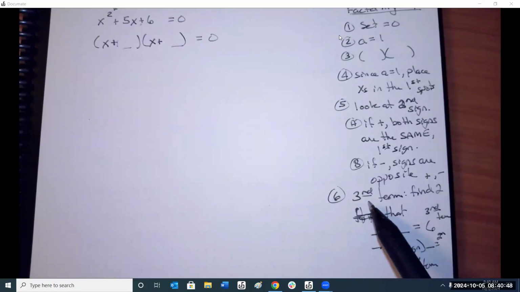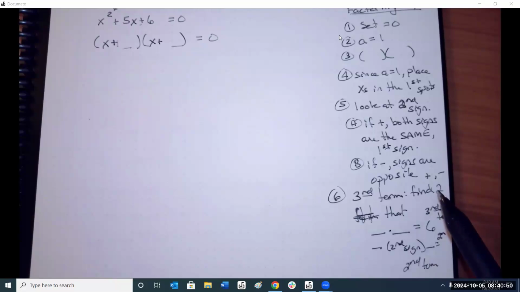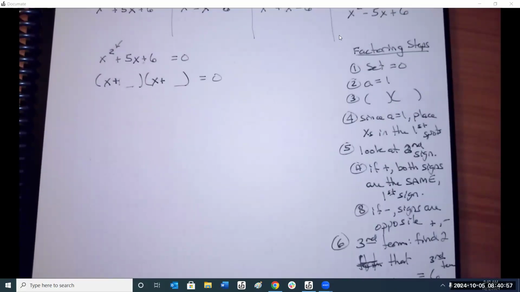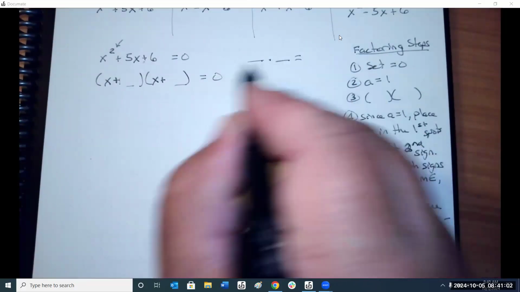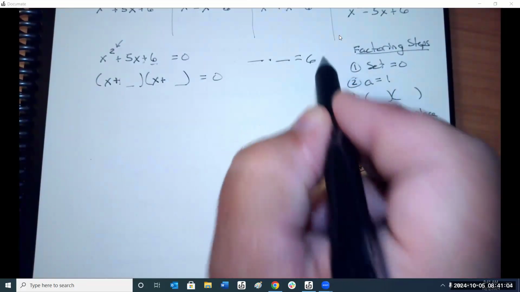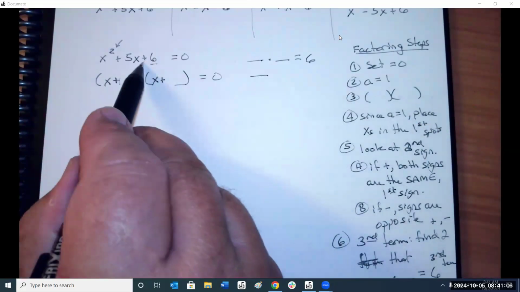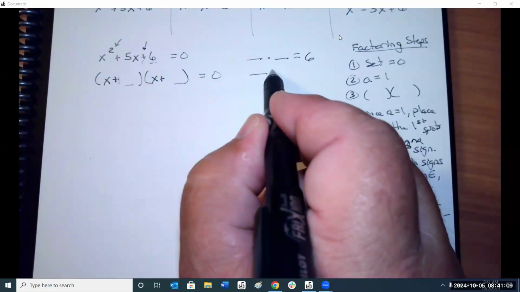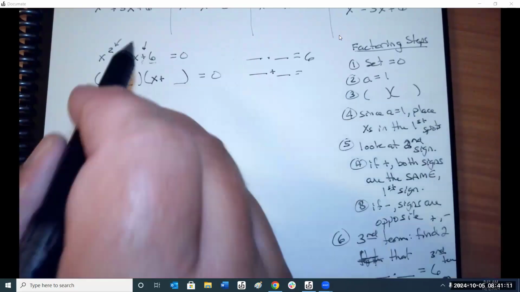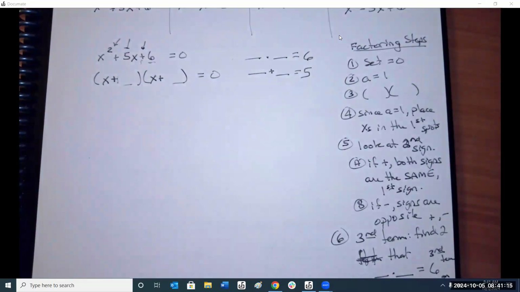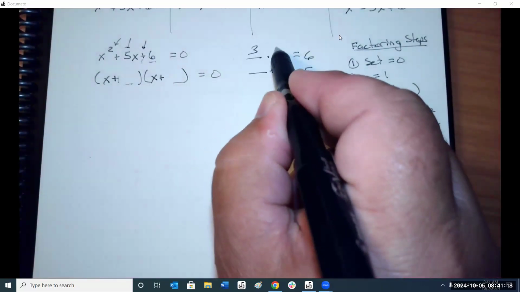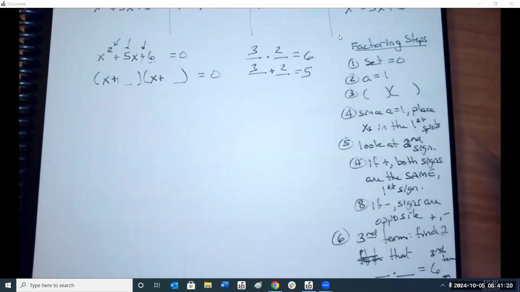So here, for the numbers, we look at the third term. Let's find what two numbers multiply to give you that third term, that when you add or subtract them, you get the second term. So what two numbers multiply to give us 6? Since this is plus, that when we add them, we get 5. 3 times 2, 3 plus 2.